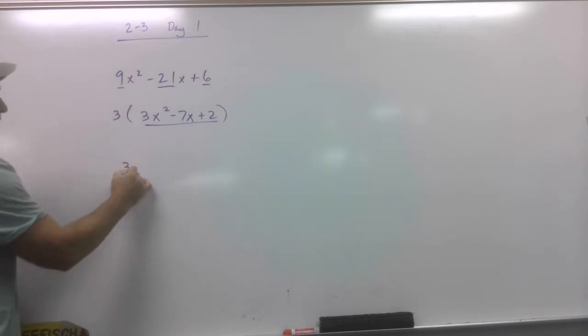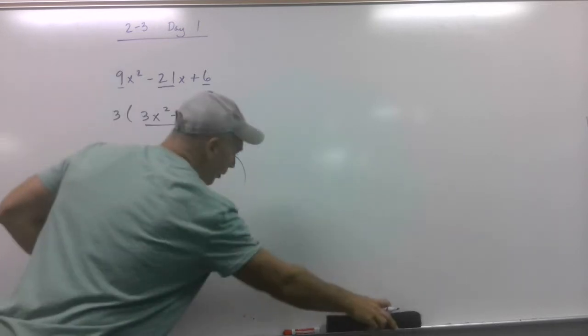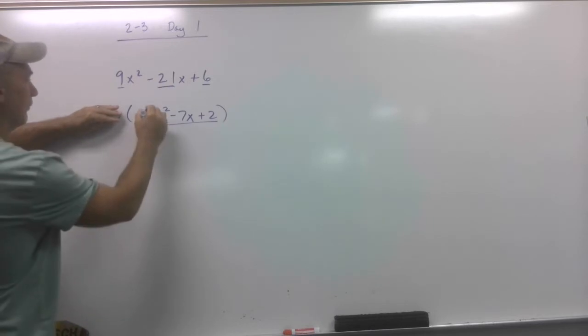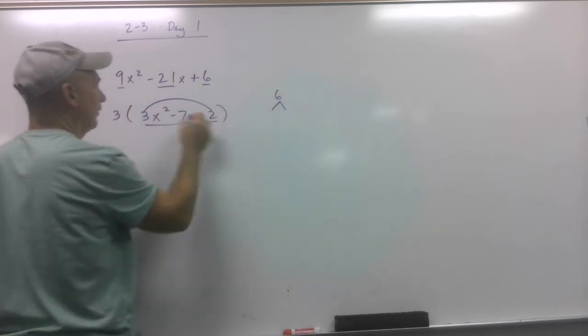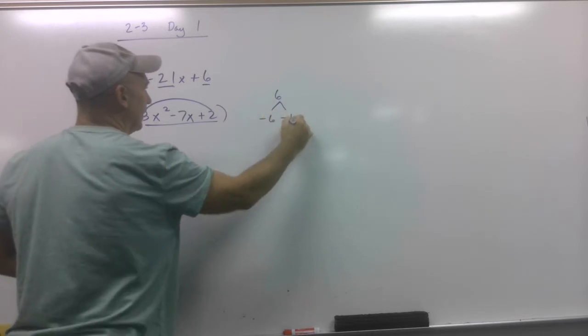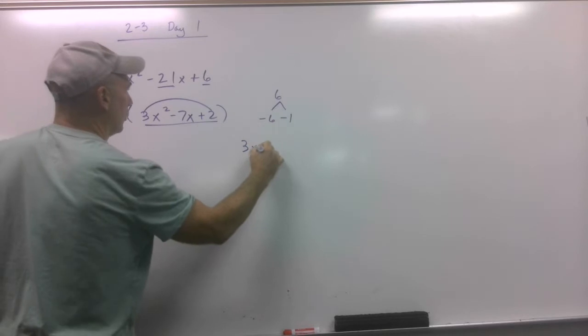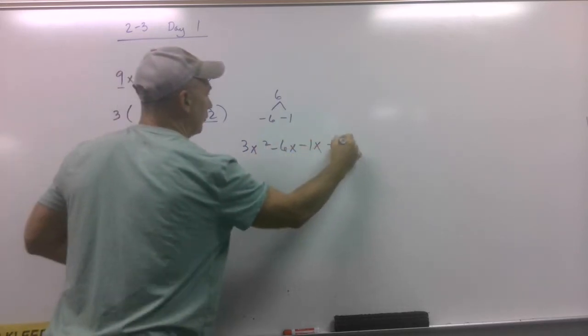But your answer would be 3 times, when you're all done, I might as well show it. I don't want to lose anybody. So ignore that 3 for a bit. 3 times 2 is 6. Two factors of 6 add up to negative 7: negative 6, negative 1. Again, I'm ignoring that 3. 3x squared minus 6x minus 1x plus 2.